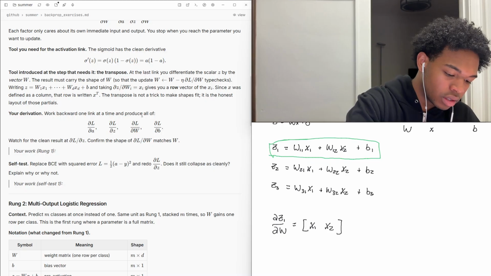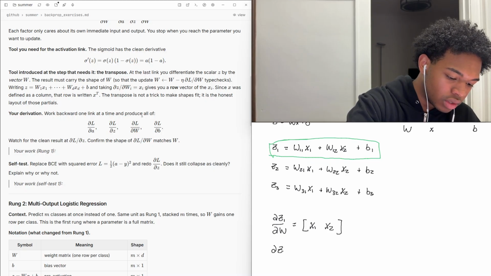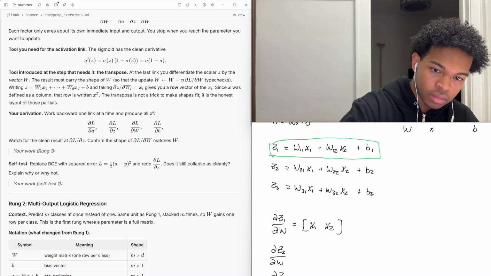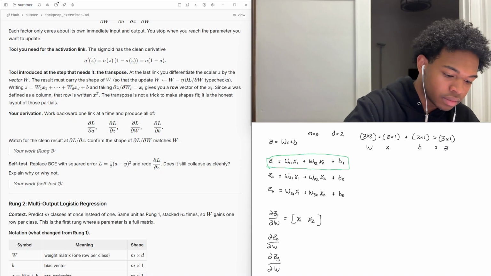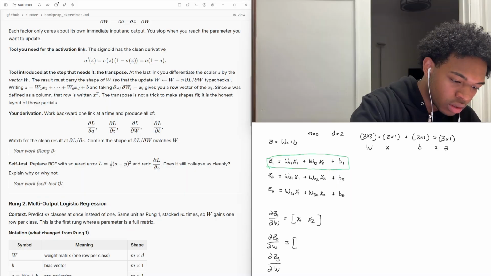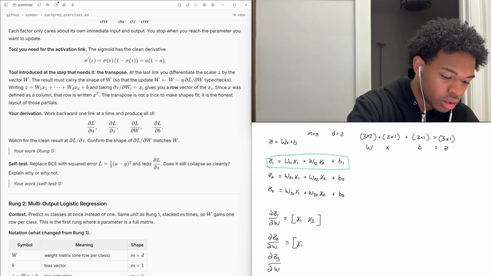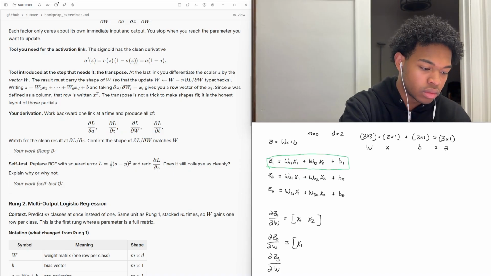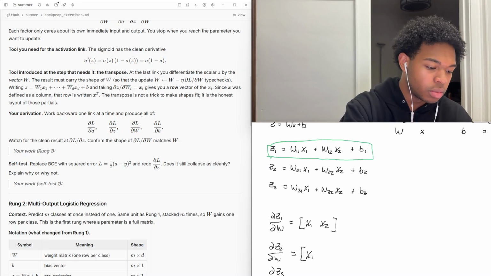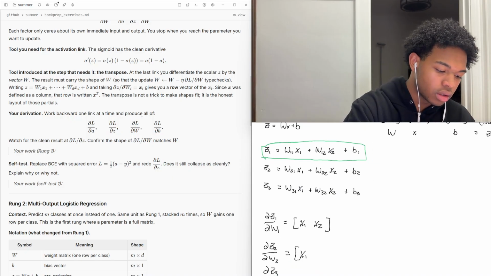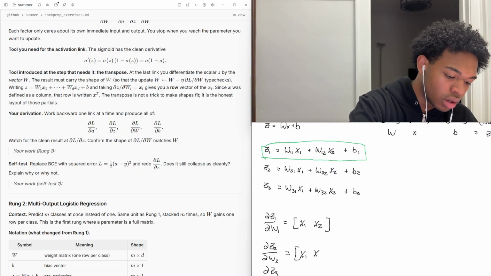Unfortunately, I can't copy things, but if we do the partial derivative of Z2, derivative of Z3, equals, I don't know how I feel about this. No, wait, yes, this would be fine. We're talking about W1. But it would still be X1, X2.